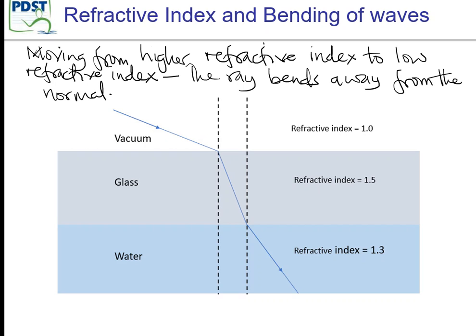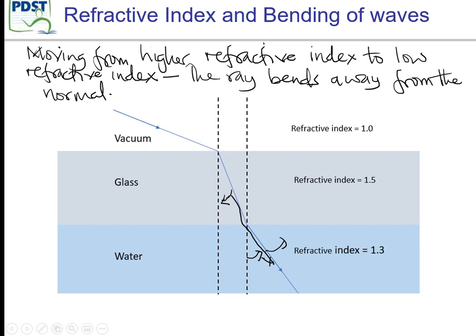So you can see here, glass has a refractive index of 1.5 and water has a refractive index of 1.3. You can see that the ray is bending away from the normal, while here it is bending towards the normal.